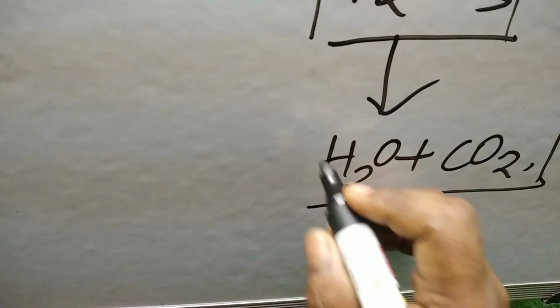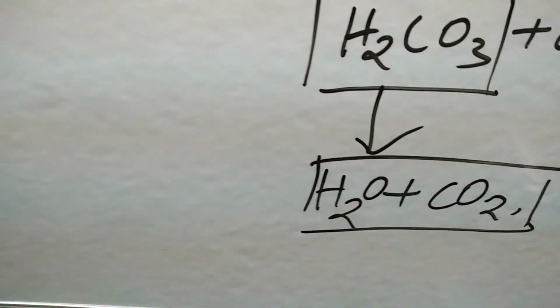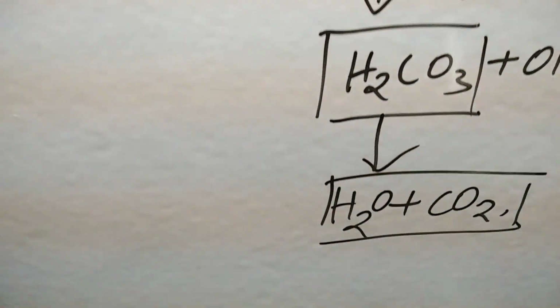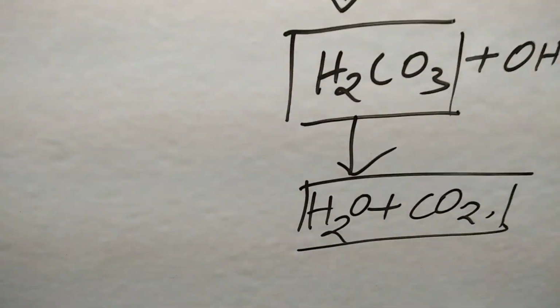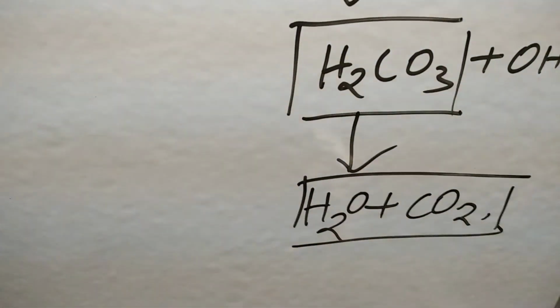Basically, when carbon dioxide reacts with water, carbonic acid forms. Okay students, so how does carbonic acid form? If anyone asks, you will say that when carbon dioxide reacts with water, carbonic acid is formed.